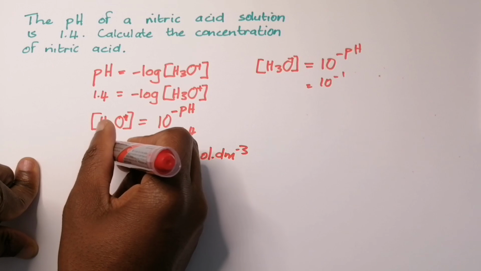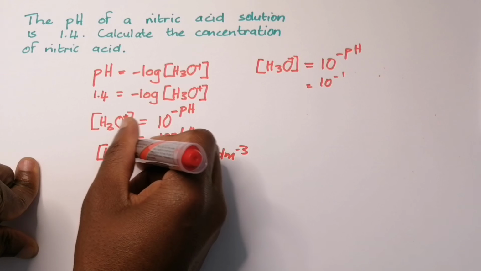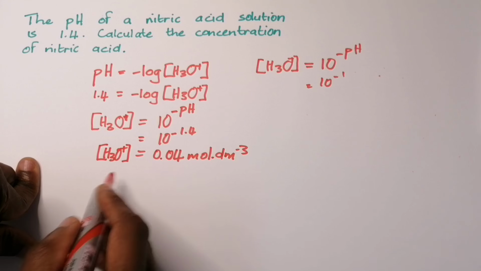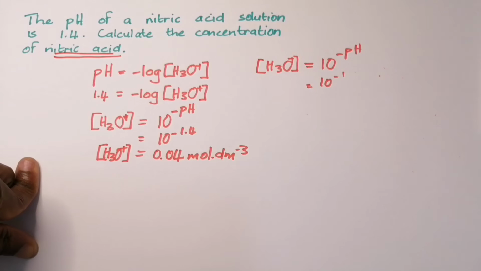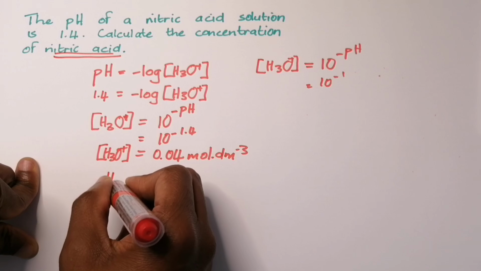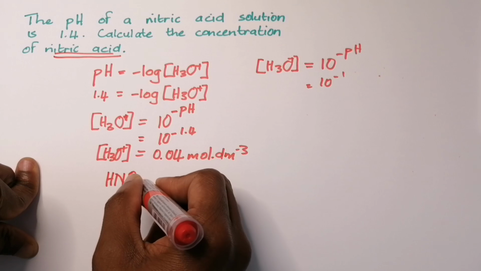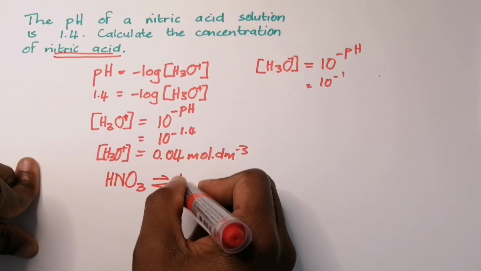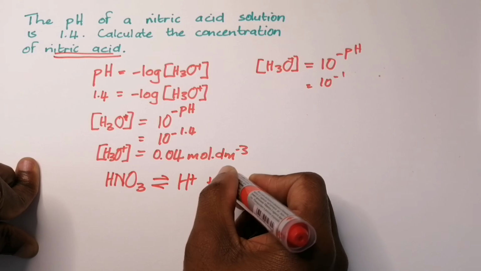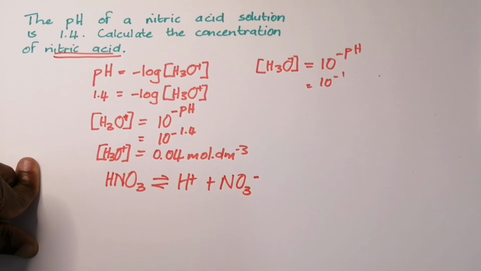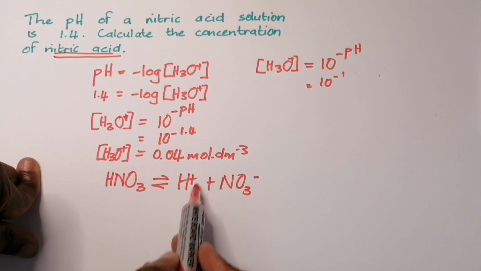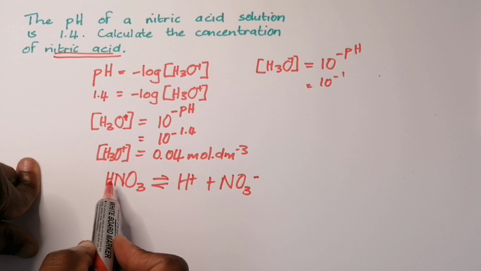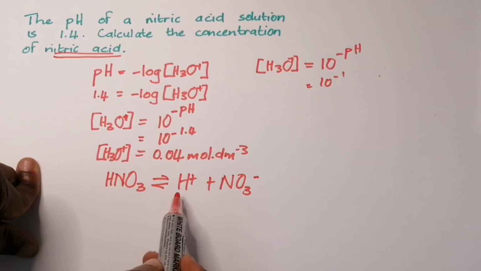Now, what did I just calculate, ladies and gents? I calculated the concentration of my hydronium ions, but the question said calculate the concentration of what? Nitric acid. So now I need to know how nitric acid ionizes. HNO3 becomes H+ and NO3-. So for every one nitric acid, I will get one hydronium ion.